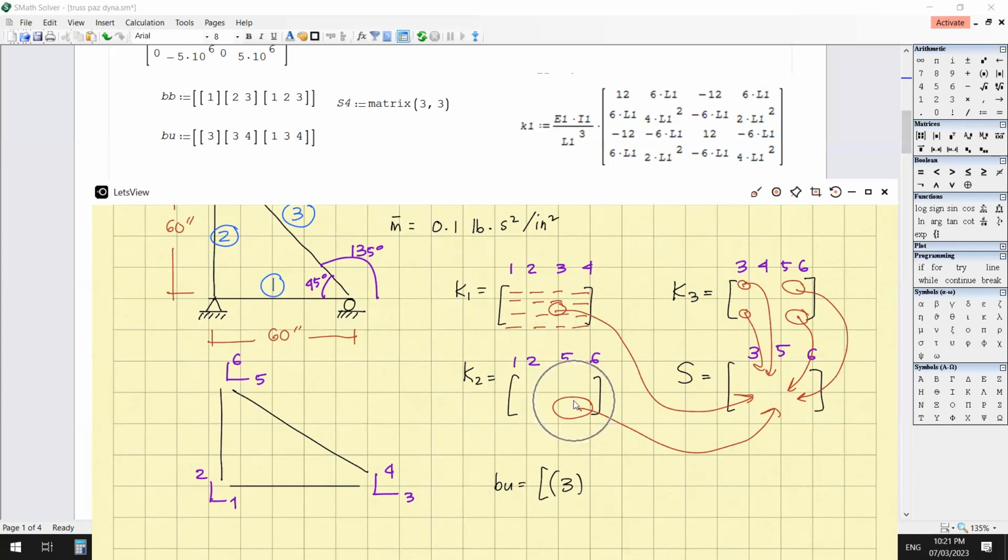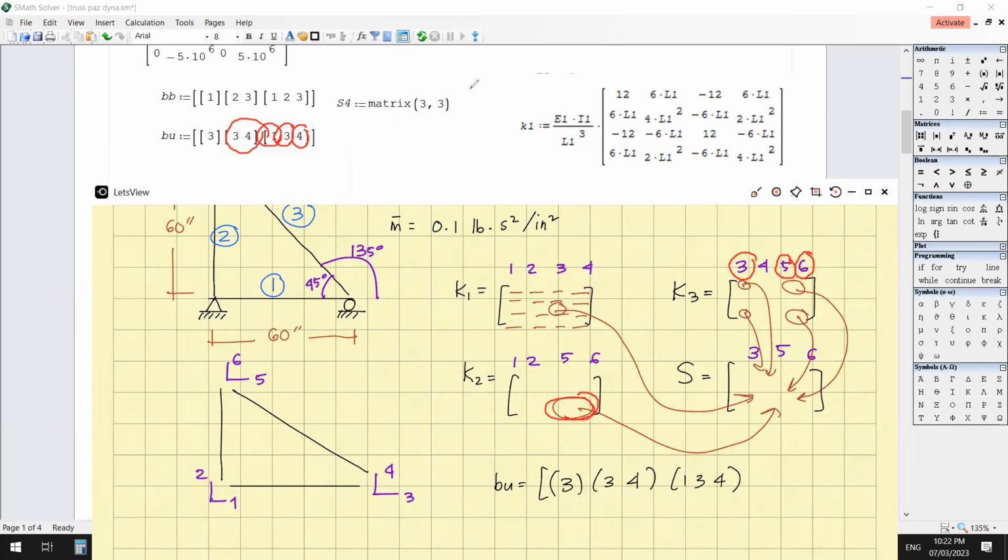For member 2, we extracted 5 and 6, which are the third and fourth, so BU for member 2 is 3 and 4. For member 3, we extracted the first, the third, and the fourth, so it's 1, 3, 4.